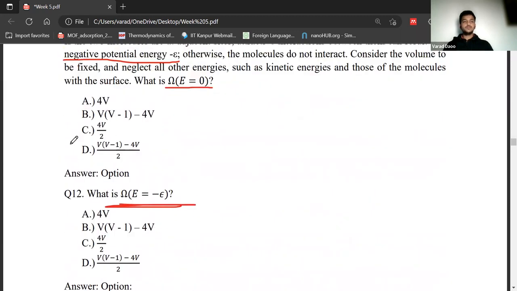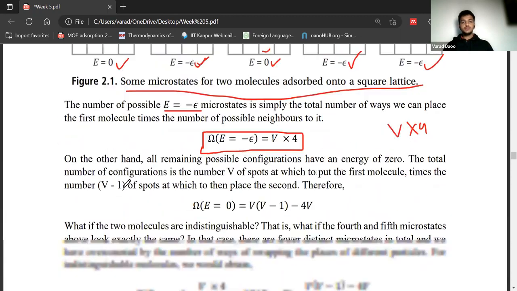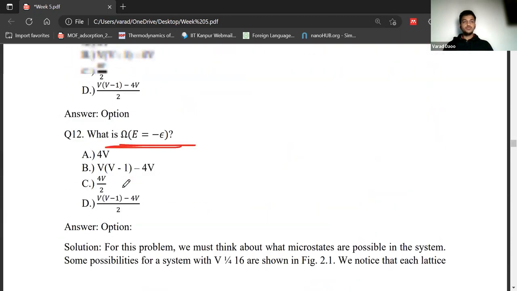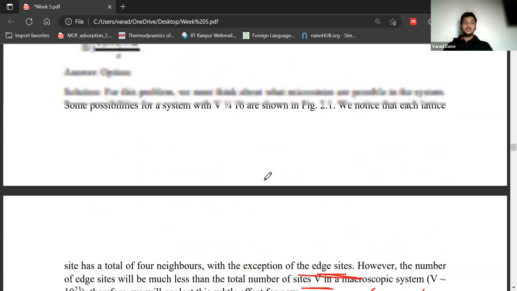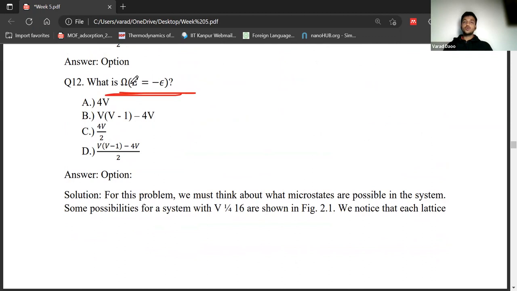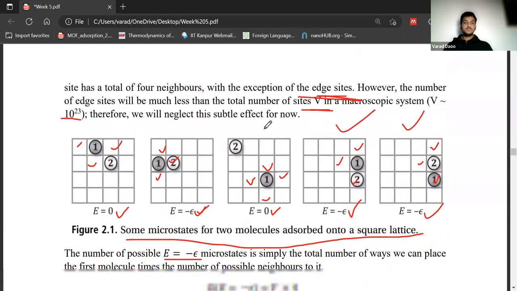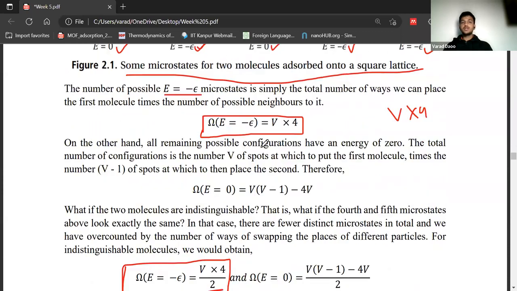This is 4V by 2, right? And then the other is the total number of microstates for energy equal to zero. On the other hand, all remaining possible configurations have zero energy, right? The total number of configurations is the number V of spots at which to put the first molecule, times the number V minus 1 of spots at which to then place the second.